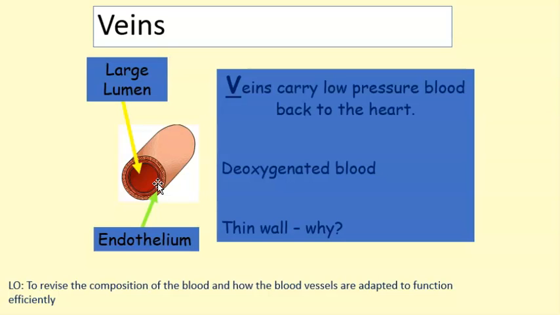Okay, so key points about veins: they carry low pressure blood back towards the heart. The blood is deoxygenated. They have a large lumen, thin wall, and they contain valves which stop the backflow of blood. So remember veins and valves. The heart also has valves, and the valves in the heart do the exact same thing, which is to stop the backflow of blood.